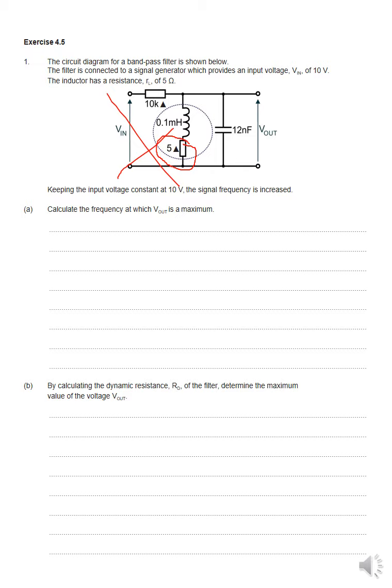You will consider that you have a resistance of 10k here and an inductance of 0.1 millihenry. So there is no effect of this RL or RD there. You will consider that inductor to be an ideal inductor with RL equal to 0. So you will not consider this part, and then you have to do all the calculations.